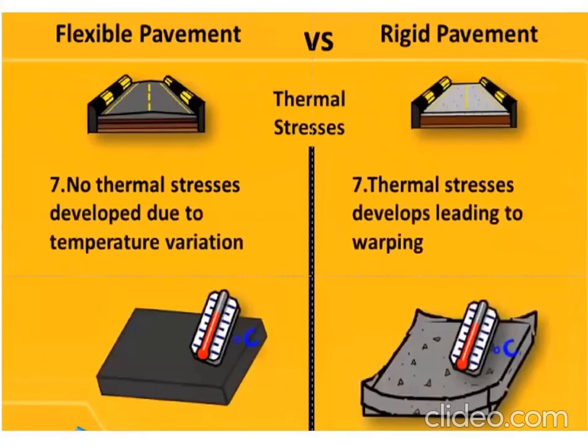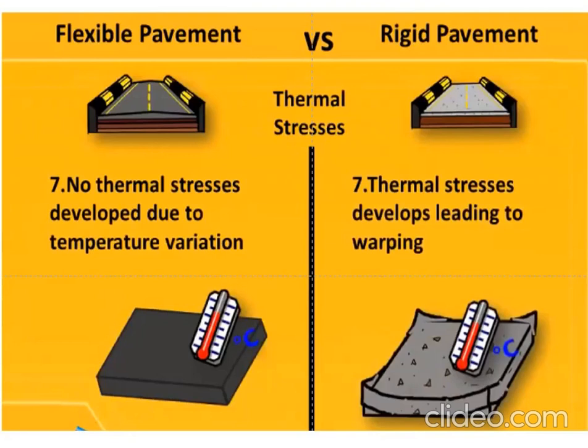Then there is a problem with thermal stress. Thermal stress is a temperature stress. Because of temperature differentials, the pavement gets broken. As I said, the temperature above the pavement and the temperature 1 inch below the pavement are different, and if the difference is much more, then you have a differential stress.